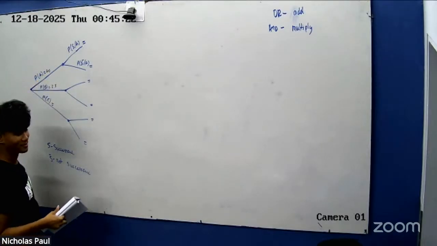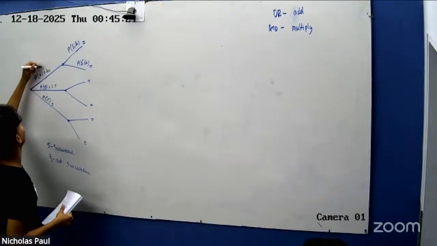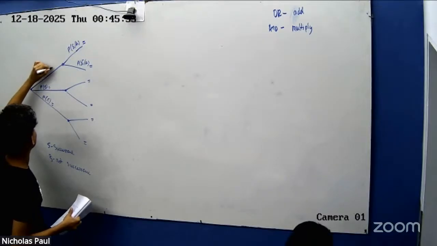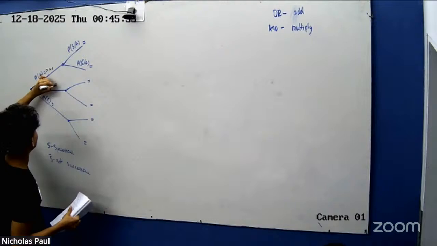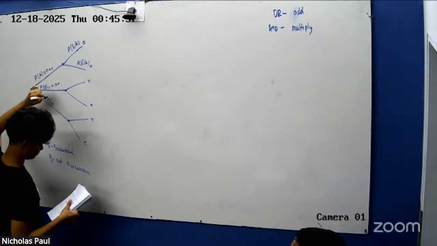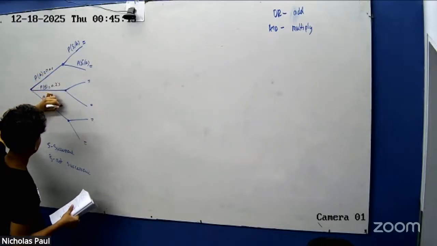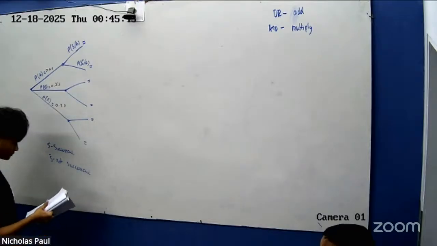That's not probability. 0.4, 0.3, or 0.25. Always make sure it adds up to 1, right?